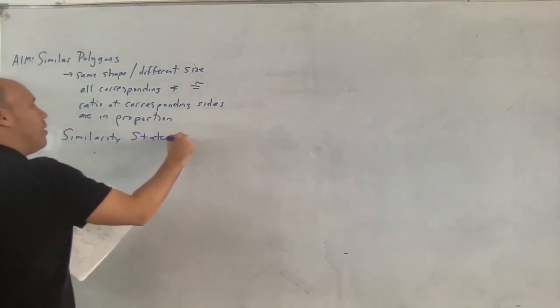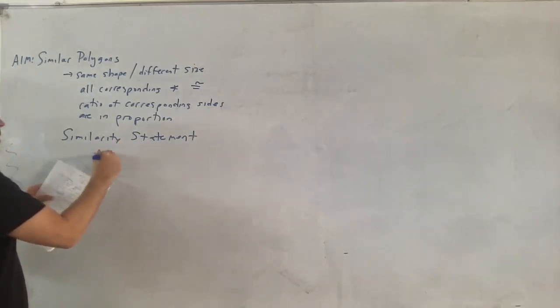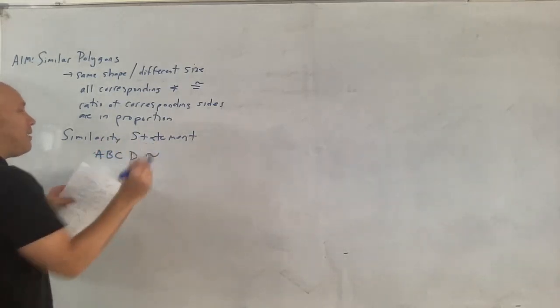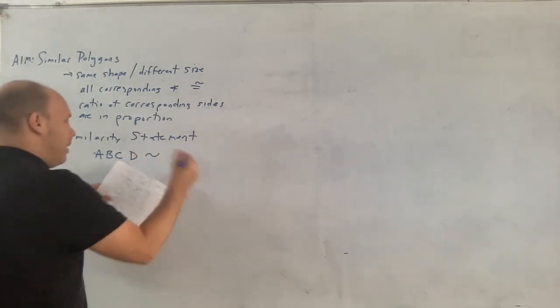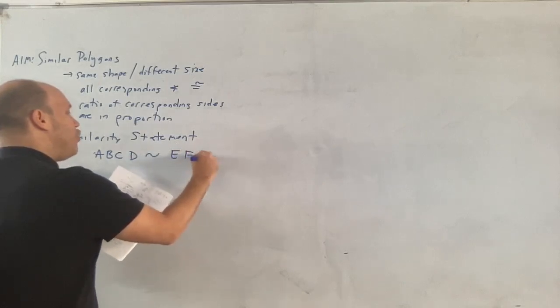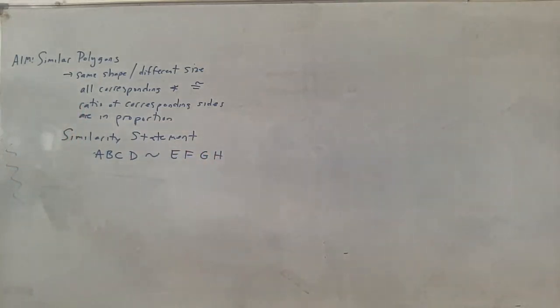For example, we're going to say that ABCD is similar, that's the symbol for similar, to EFGH. So what I'm going to do is make a picture on the board.